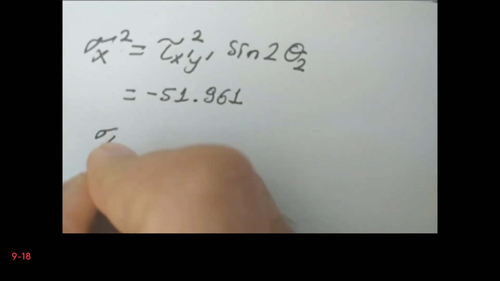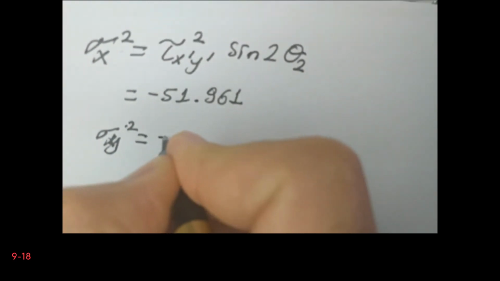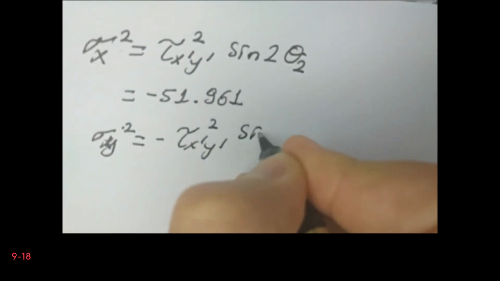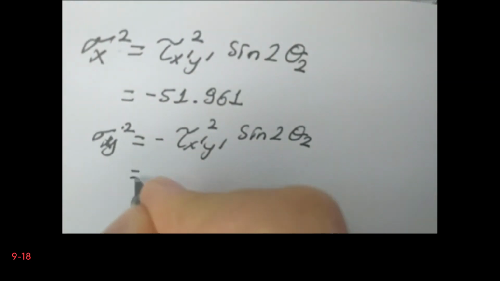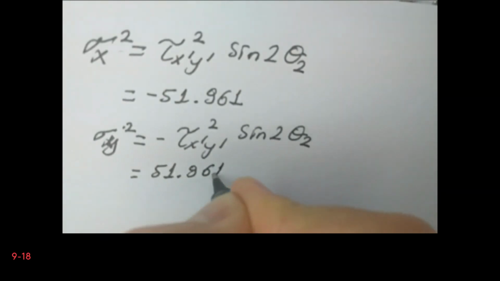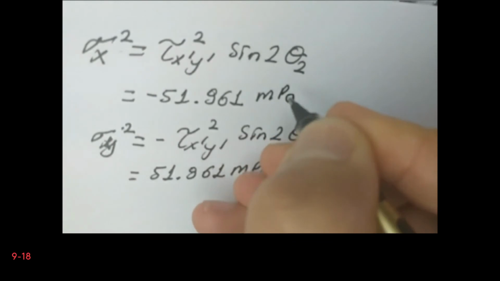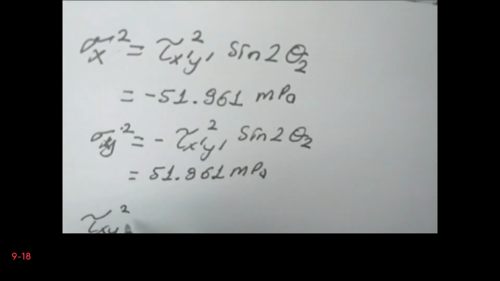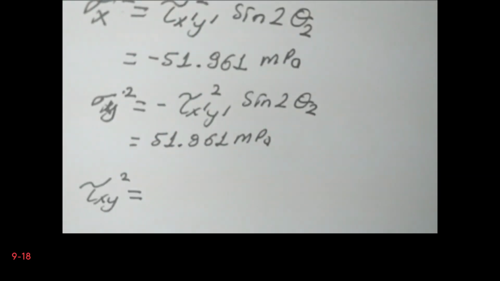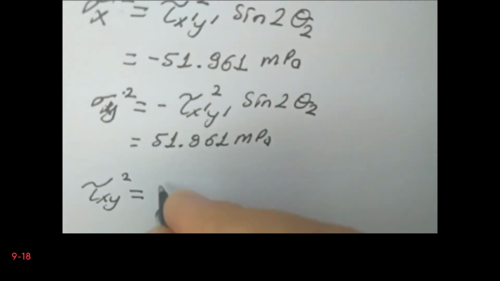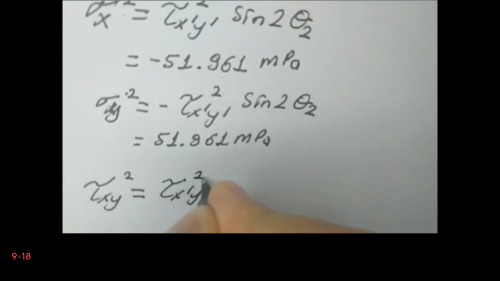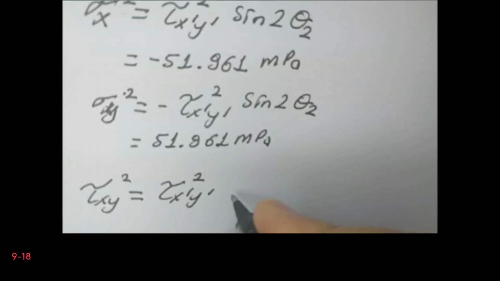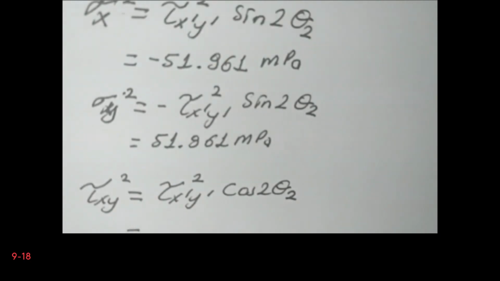Now sigma y2 is equal to plus tau x prime y prime 2 sine 2 theta 2, so it is 51.961 megapascals, and the shear stress, since the normal stresses are 0, we have tau x prime y prime 2 cosine 2 theta 2, and it gives us the value of minus 30.